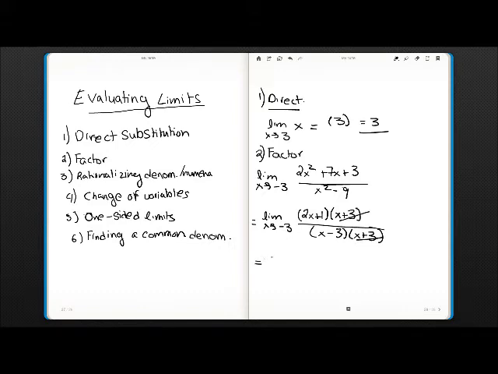Now we can use our first strategy of direct substitution and substitute negative 3 for x to solve for the limit. We get 2 times minus 3 plus 1 all over minus 3 minus 3, which equals minus 5 over minus 6, and you can get rid of the minus signs, meaning 5 over 6.